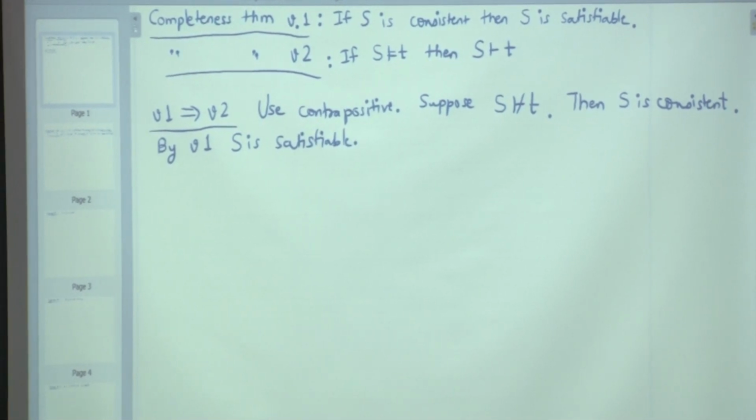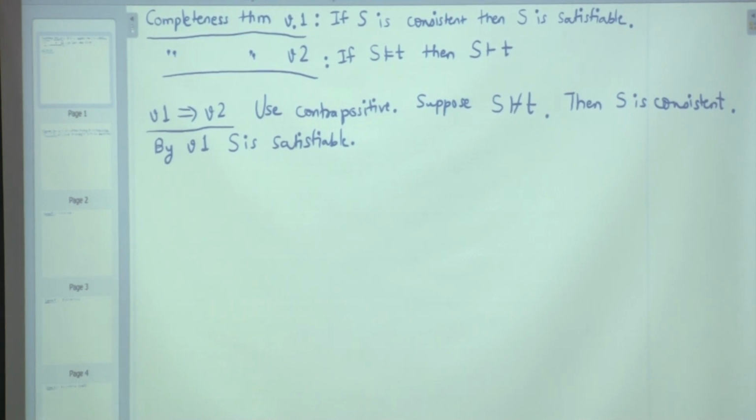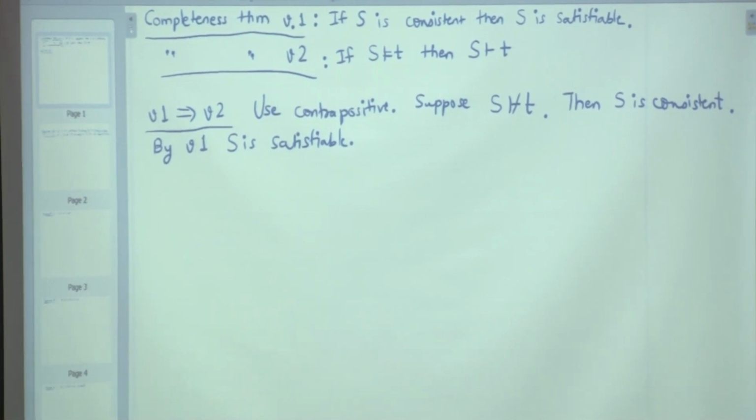Don't write it yet. I will tell you when it is right. And then, why is T not a logical consequence of S? How will you show that?